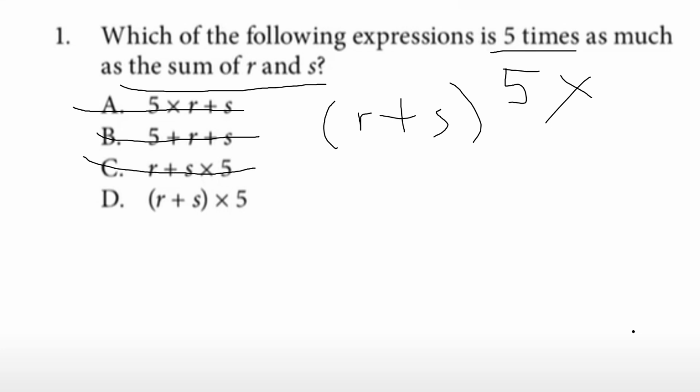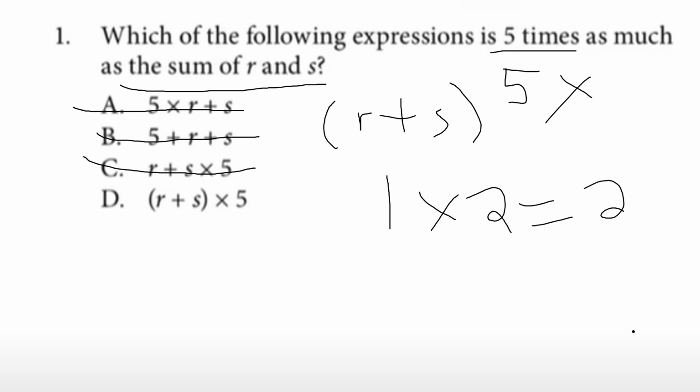Now, I know the letters and the numbers are backwards because you have the sum of R plus S times 5. But if you think about it, when you're doing multiplication, it really doesn't matter where the number is located. So what I mean by that is if we had 1 times 2, well, we know that that's equal to 2.